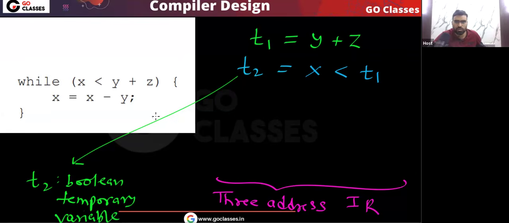Either it will be 0 or 1. If x is less than T1, then it will be 1, else it will be 0. Yes or no? Is this clear? Please tell me. See, a very simple point I'm telling you. If you write like this, in T2 you are putting x less than T1. Now, what will happen here?